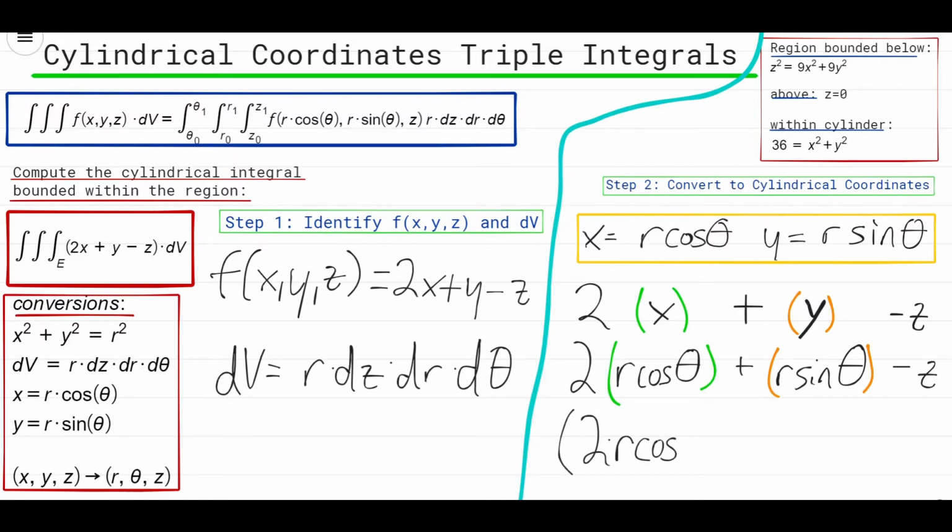And you might ask yourself, what's r? Well, let's keep moving forward. So let's move on to step 3.